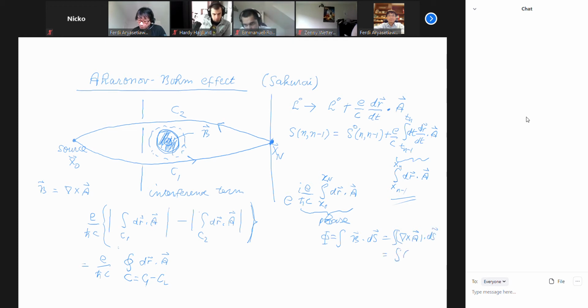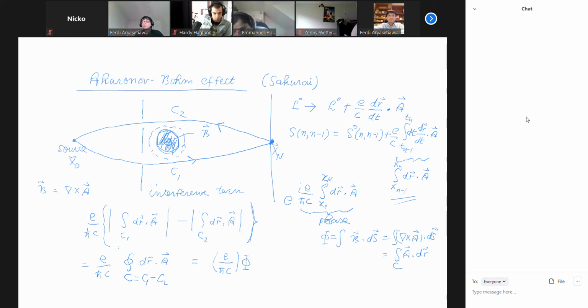So that becomes A dot dr around the loop C. So we see then this is just equal to e over h-bar c times the magnetic flux.